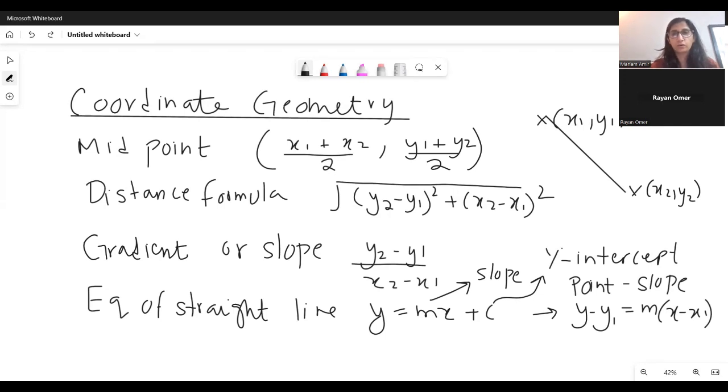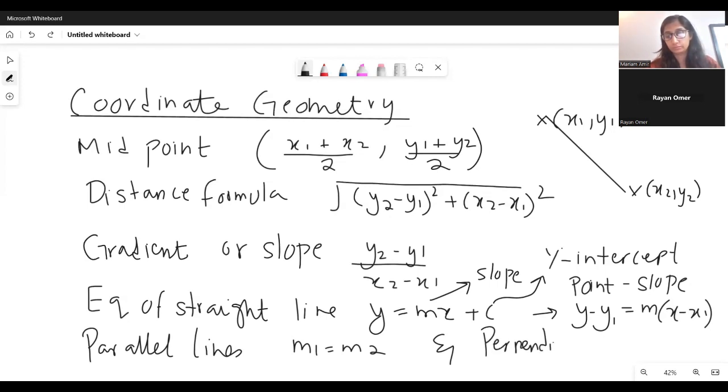Okay. So now let's talk about slopes of parallel lines and slopes of perpendicular lines. If two lines are parallel, what do we know about the relationship between their slopes? Miss, their slopes are equal. Yes, so m1 equals m2. And what if the two lines are perpendicular?